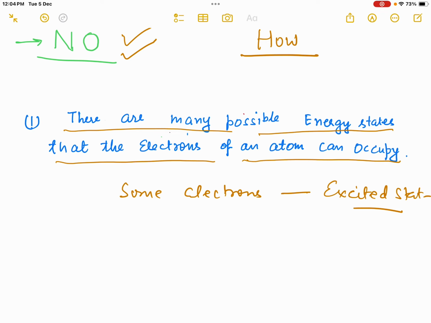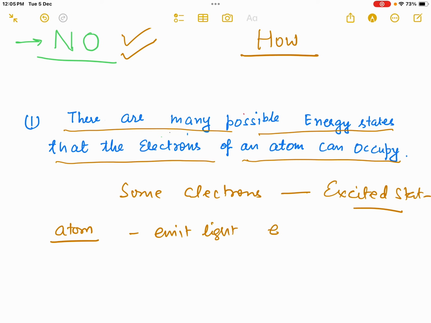So the chemical behavior of atoms which have electrons at an excited state is different, and for those whose electrons are at the normal original ground level, the chemical behavior and physical behavior is different.